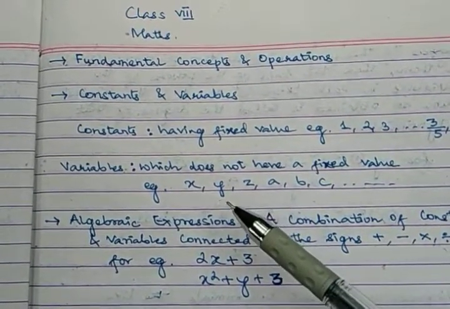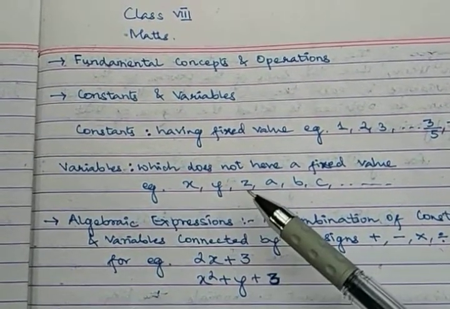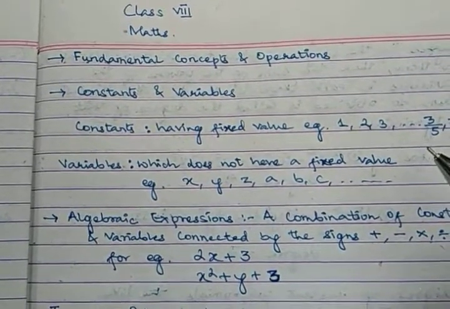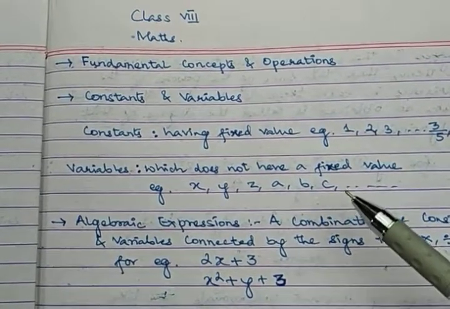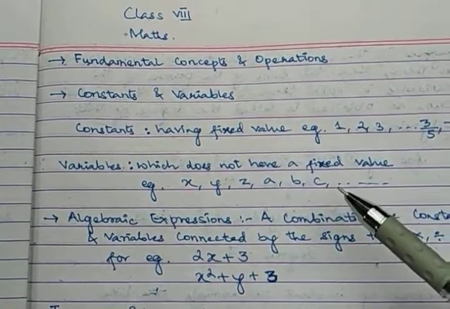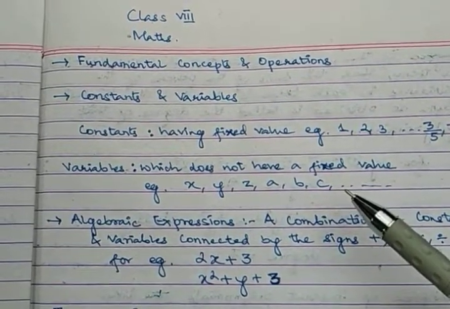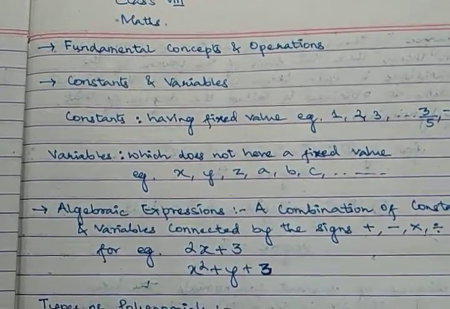Variables are denoted with alphabets, such as X, Y, Z, A, B, C, and you can use any other alphabets as well. Whenever an alphabet is used in an expression, remember, the alphabets are your variables. Is it okay?